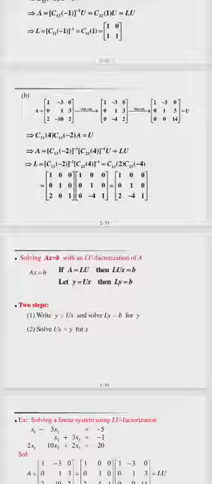These two matrices are of the same order, so multiplying them, the answer is a 3 by 3 matrix. The answer is 1 0 0, 0 1 0, 2 -4 1.